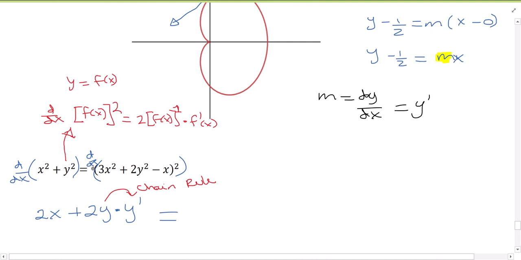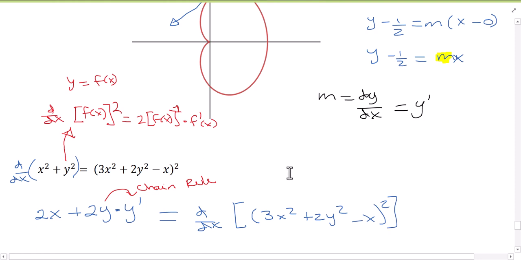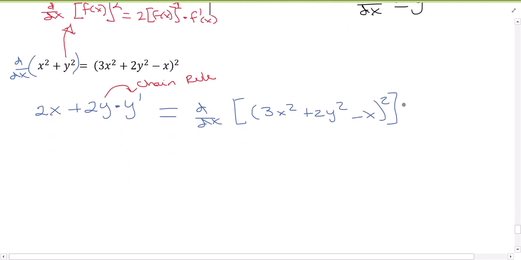And equals, now let's do the derivative of this side, and this is looking a little messy, so let me get rid of my derivative there. I'm taking the derivative of this side, so I'm just going to write it out here with respect to x. Notice that here I have to use the chain rule because I have a quantity squared, right? It's not just x squared.